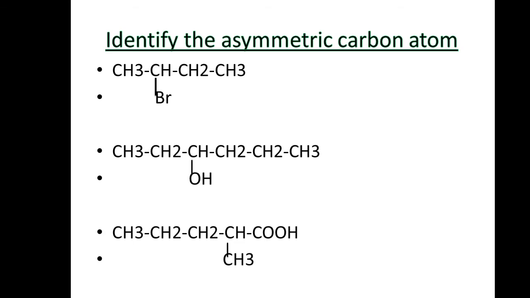So, identify the asymmetric carbon atoms in the molecule. An asymmetric carbon atom means a carbon that is connected with 4 different atoms. In this molecule, 4 carbons are there. Among these, only the second carbon is connected with 4 different groups, so only this carbon is an asymmetric carbon.